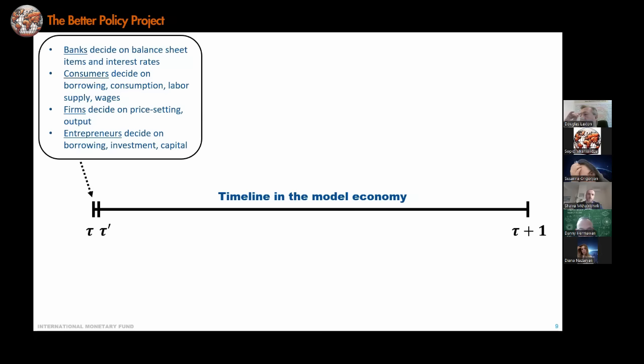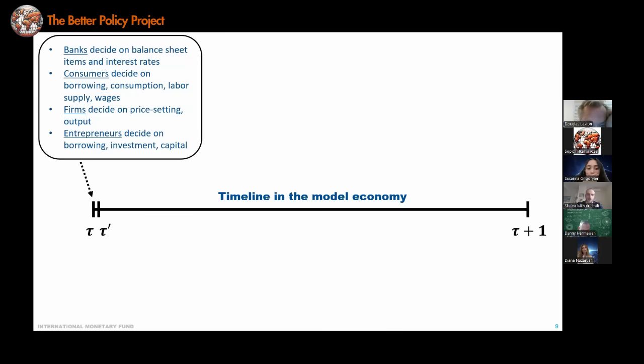So the sequence is as follows. First, banks extend loans. They buy government securities. They extend loans to safe borrowers. They extend loans to risky borrowers. And then they set interest rates on those loans, as well as the non-financial sector does its thing.